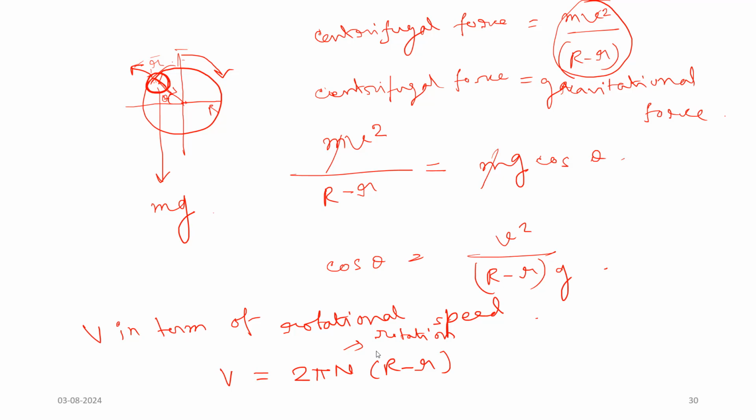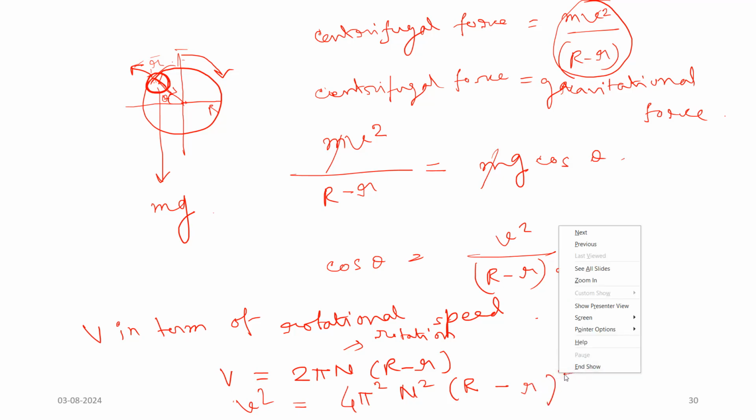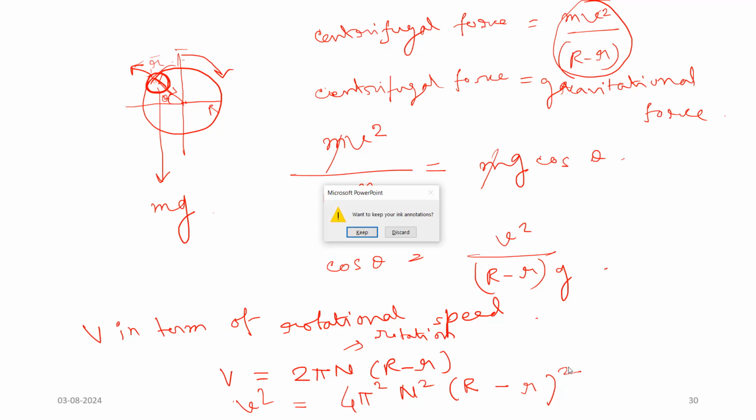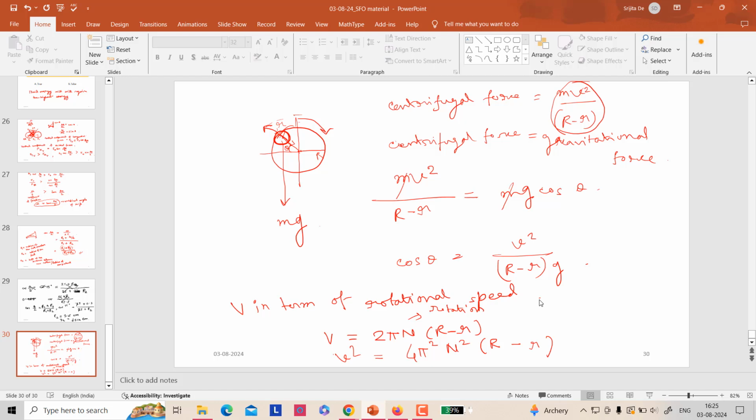So if you now put this value of v in this equation, what will happen? We have to calculate v square. So v square is 4 pi square n square into R minus r whole square, right? Now next we will put this value in the cos theta.